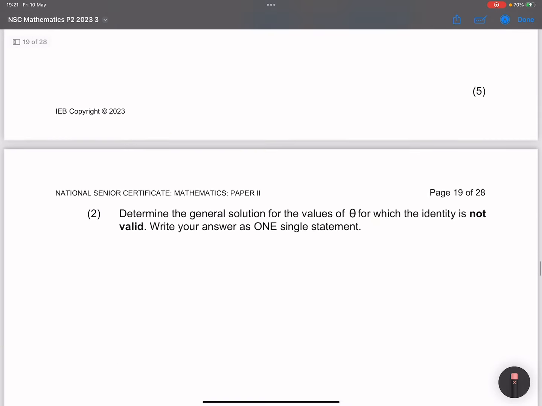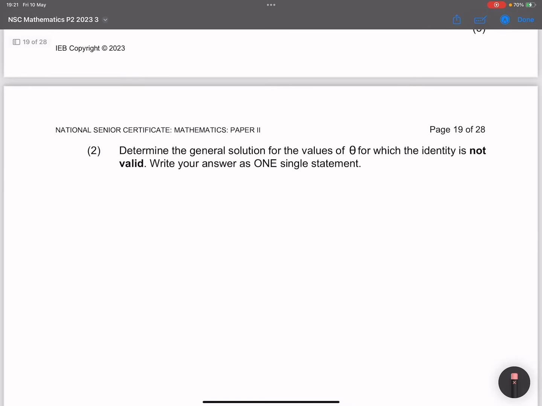So we said tan 2 theta into 1 minus tan squared of theta. In this case, it would not be valid when this is equal to 0. So this cannot be equal to 0, ladies and gents.